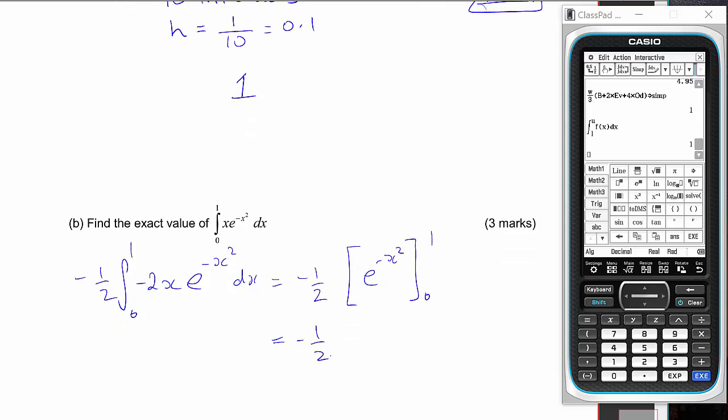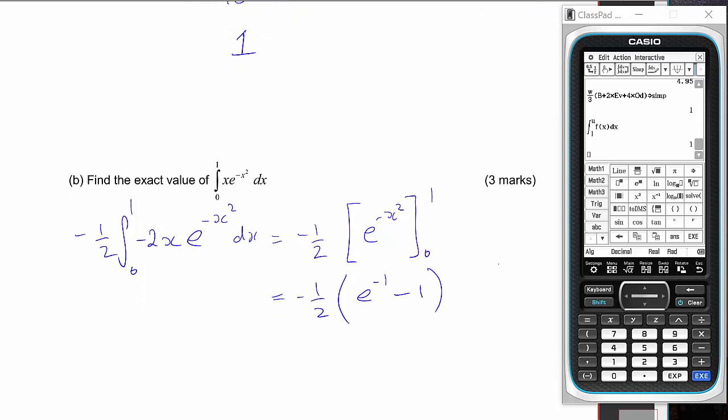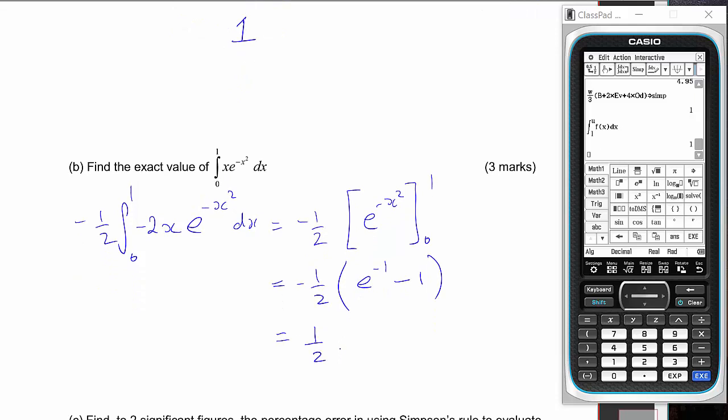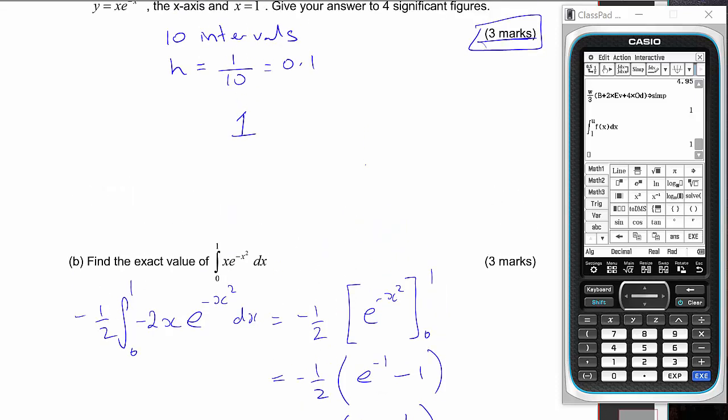So it's negative 1/2. And if we put 1 in there, we get e to the negative 1. Put 0 in there, we get 1. So that's going to give me 1/2, 1 take away 1 over e. And there's no way that that's 1. So there's something gone wrong with this up here.